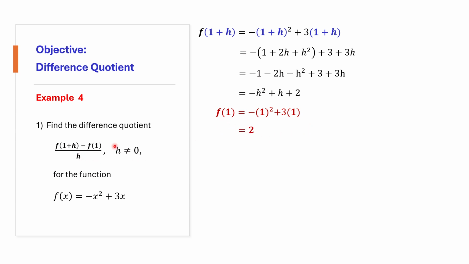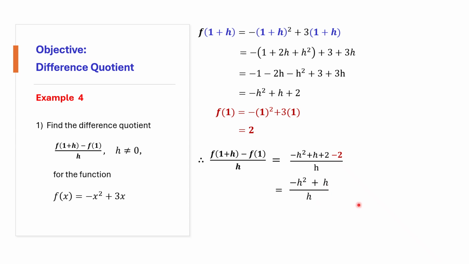We're ready to create this difference quotient by copying negative h squared plus h plus 2 for f of 1 plus h, and copying 2 for minus f of 1, then divided by h. Then simplifying the numerator by canceling 2 minus 2 because 2 minus 2 is 0. So we will be left with negative h squared plus h in the numerator and h in the denominator.